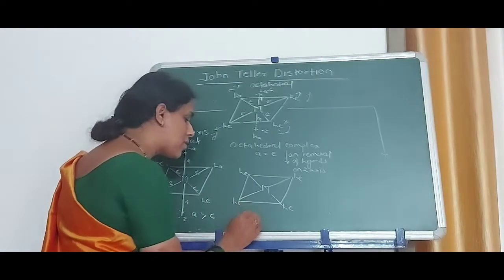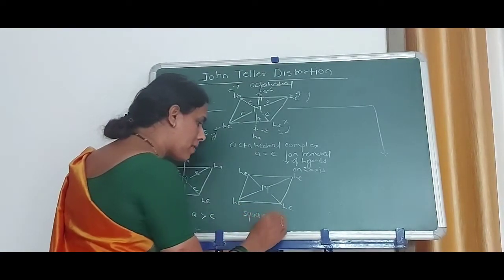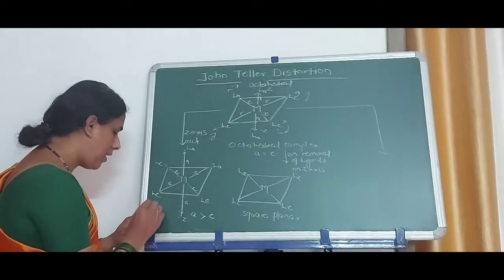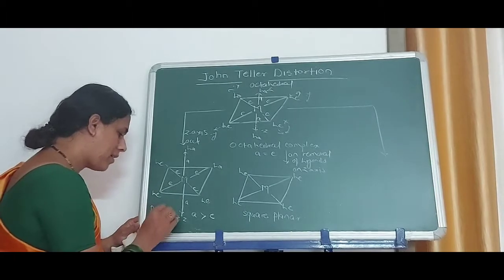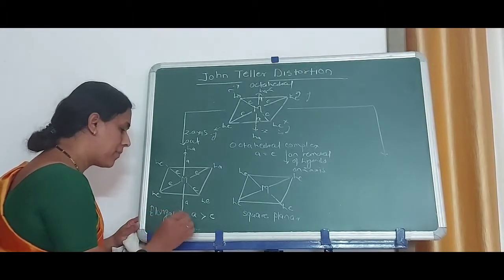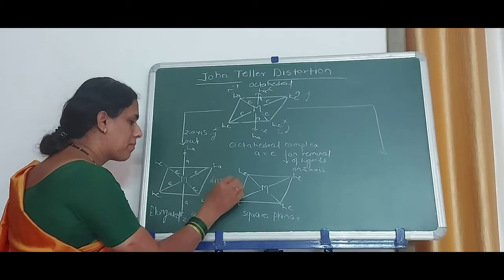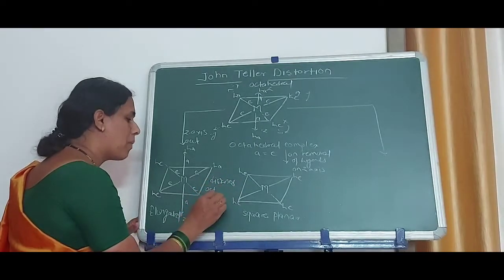It is called square planar. Square planar is an elongated, distorted octahedral complex.